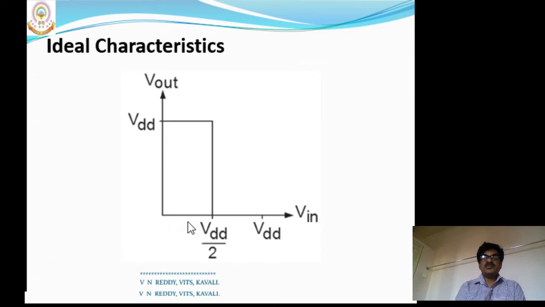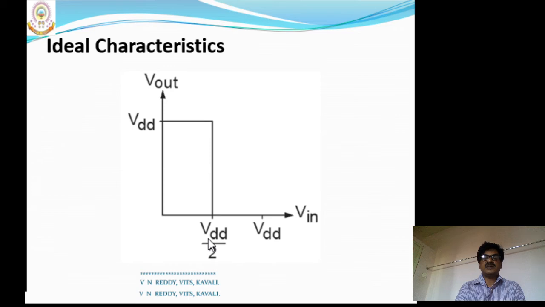By increasing the input voltage towards VDD, when the input is half of the VDD value, that is VDD by 2, the output changes its value from logic 1 to logic 0. That's why this is called the inverter threshold voltage.